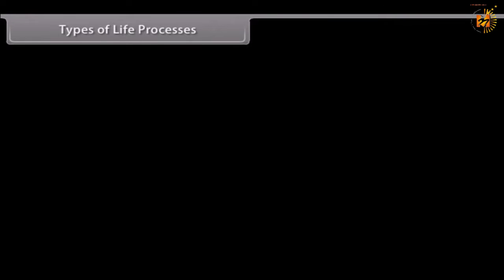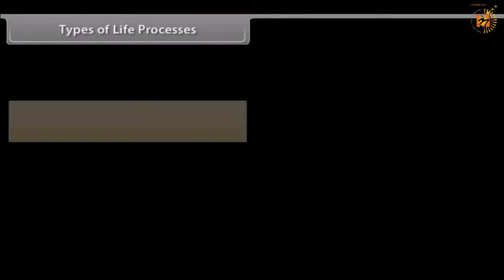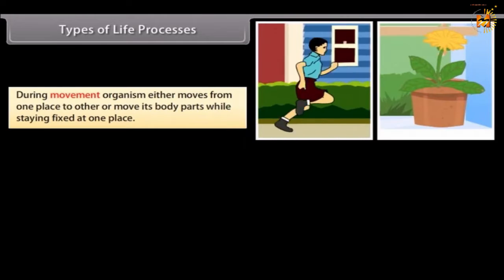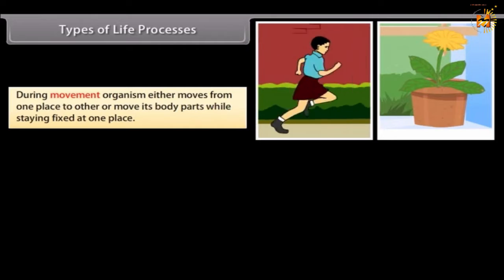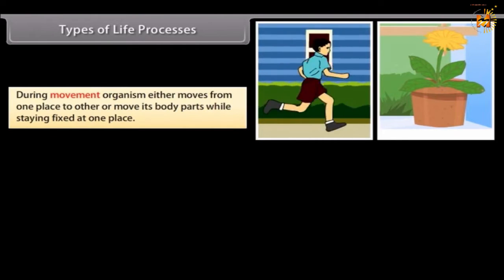Types of life processes. There are following basic life processes: movement, respiration, sensitivity, growth, reproduction, excretion, nutrition, transportation. During movement, organism either moves from one place to other or moves its body parts while staying fixed at one place.